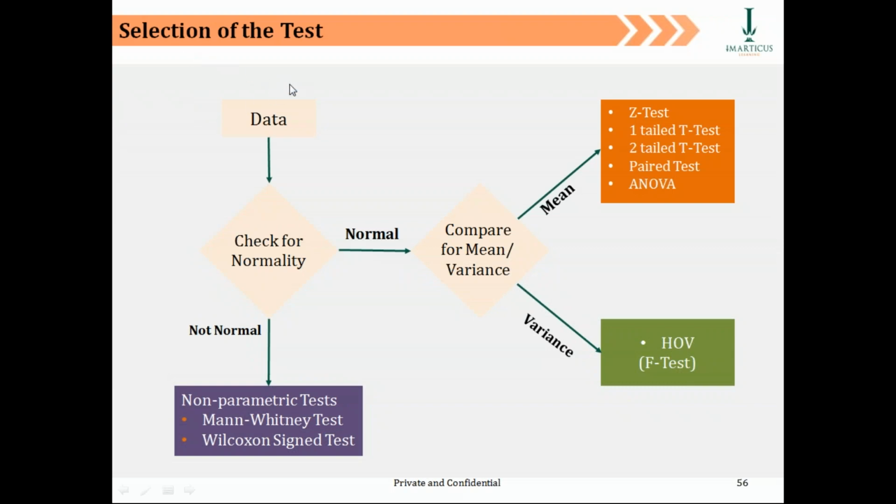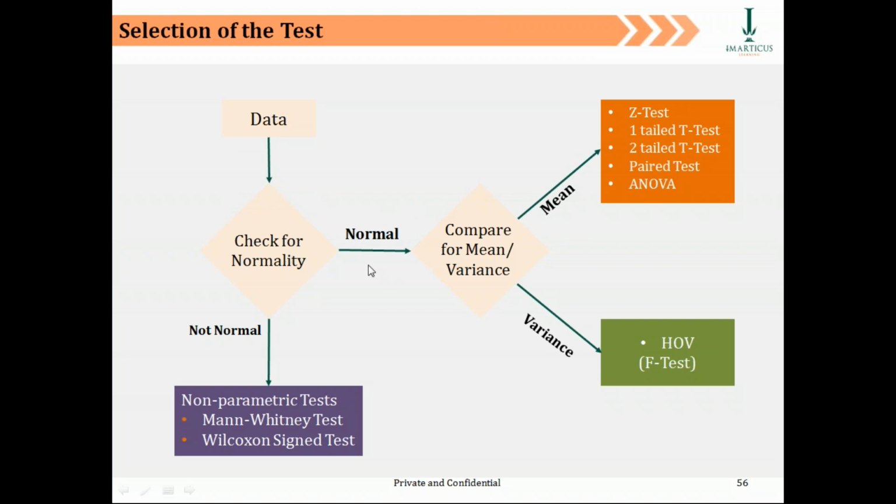It is saying that when you get the data, you check for normality. Okay, and be careful. As I mentioned, statistics is something wherein 95% of cases fall under the normal distribution, that your data is following normality, normally distributed. But yes, there are certain instances wherein data do not follow normal distribution. Getting it? So this slide is saying that first you get the data, you need to check for normality.